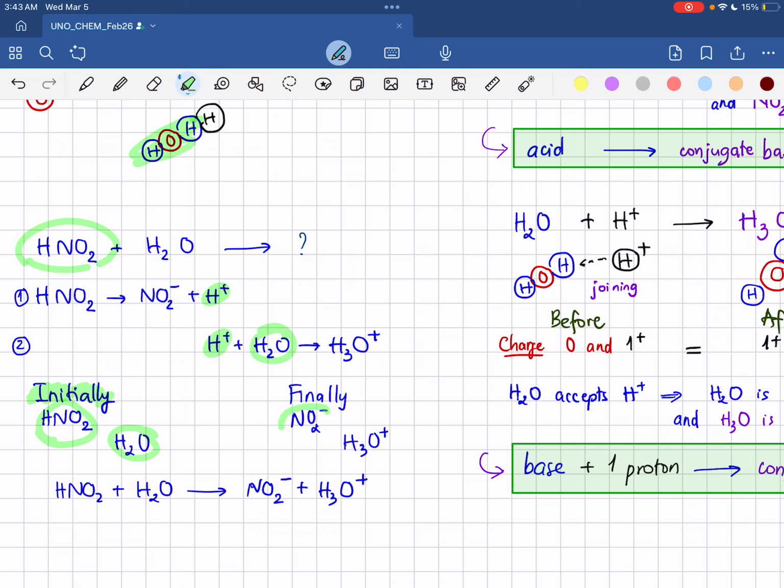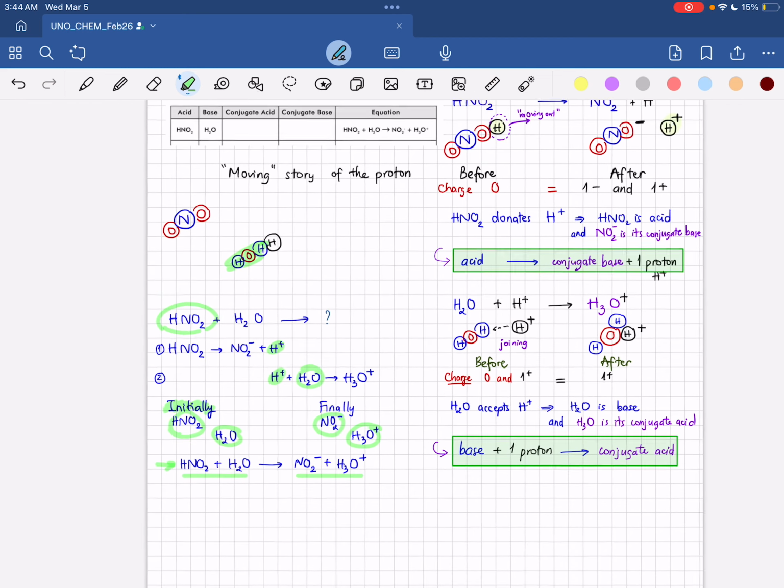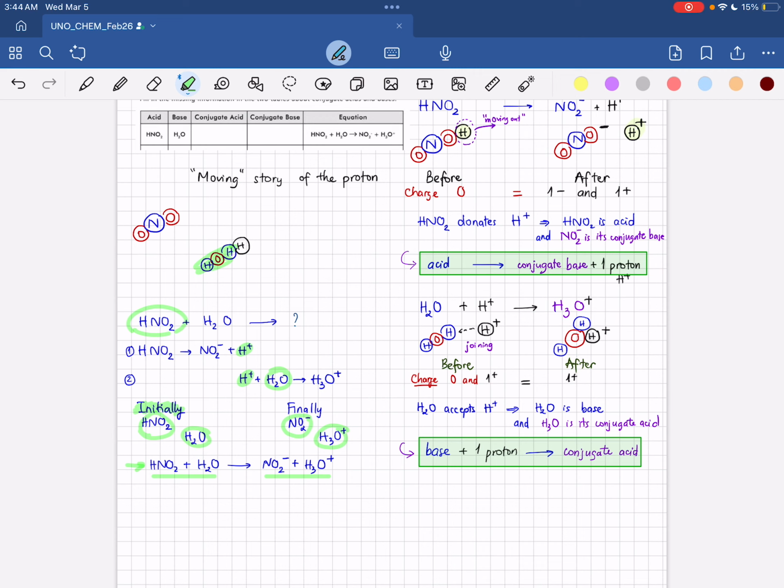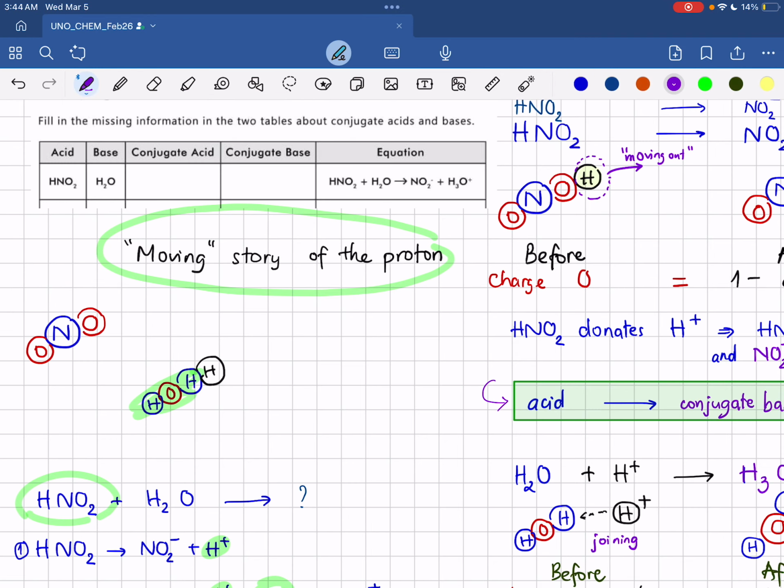Then we have the nitrite ion and the hydronium ion. So that's why, when they write the reaction, they just write the very initial ones and the final ones, but they don't include what's in the middle. If we understand the middle part, especially the moving story of the proton, then things will make more sense, right? So now we can easily fill in the table.